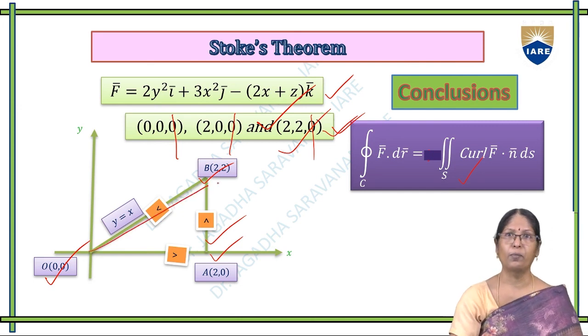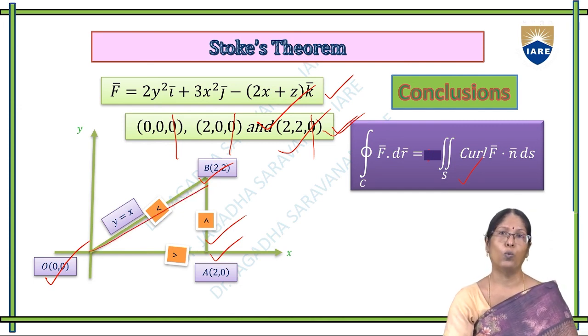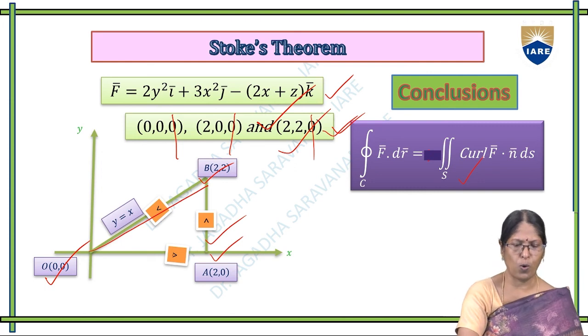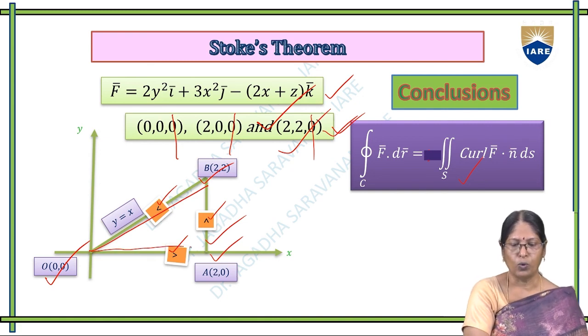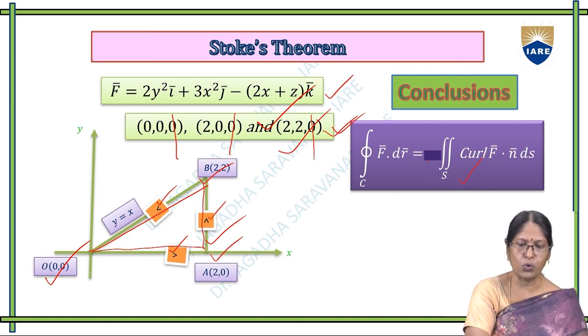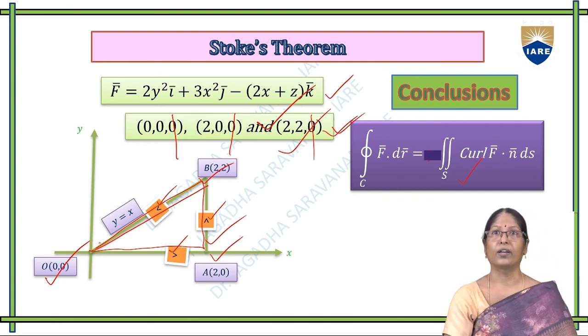This is nothing but the straight line y equal to x. The arrow marks show that a particle moves from O to A to B, and B to O. It is a closed curve, that is, the starting point and the ending point coincide.